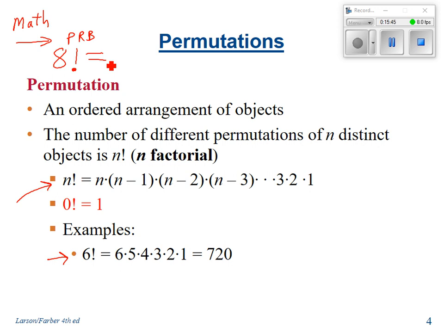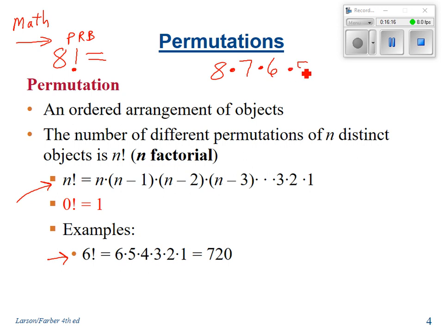Now, where that would be used, when we were talking about pizzas when we first started this chapter, we were talking about the different possible toppings that we could have. If we had 8 different toppings we could have on the pizza, if we pick one topping, we got 8 choices. But if we pick 2 toppings, we got 8 times what? 7. We pick 3 toppings, 8 times 7 times 6 for the third choice, right?